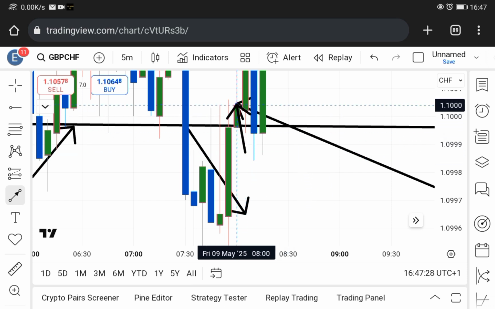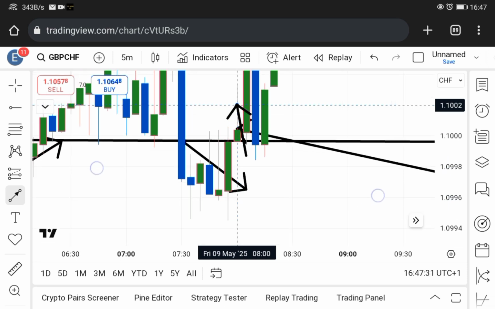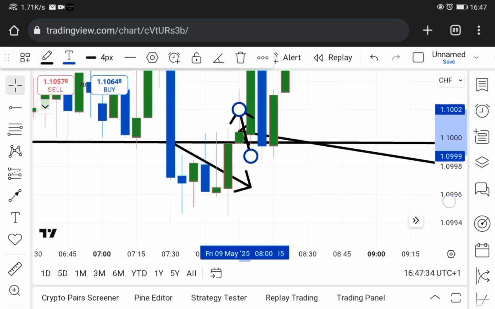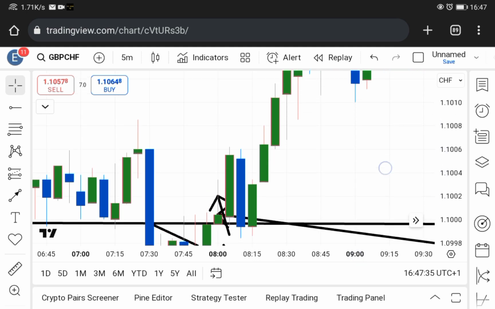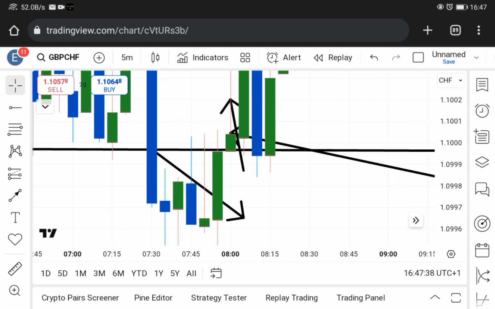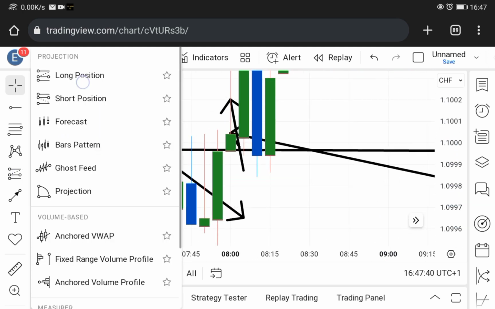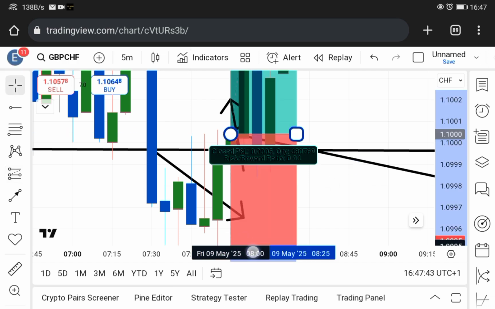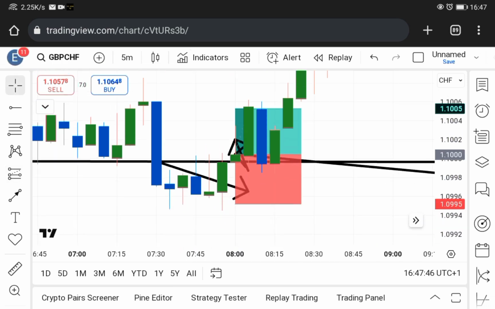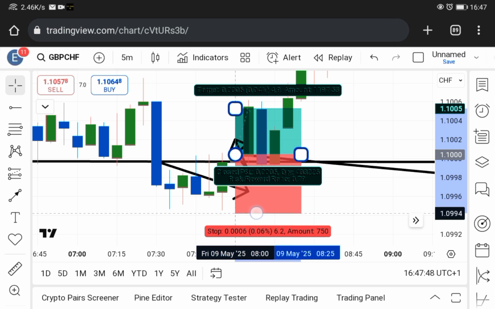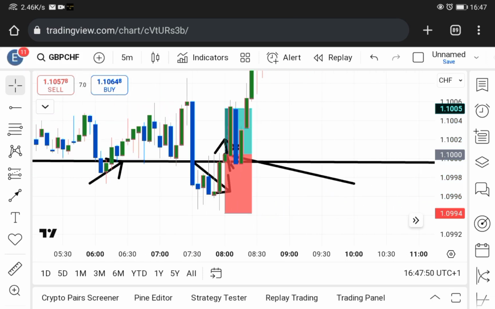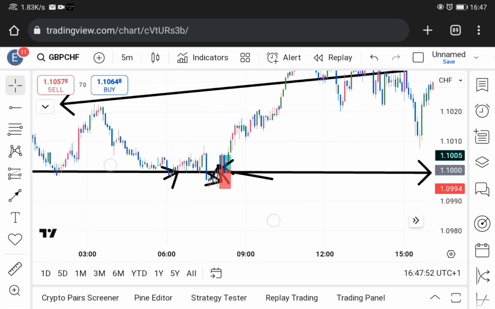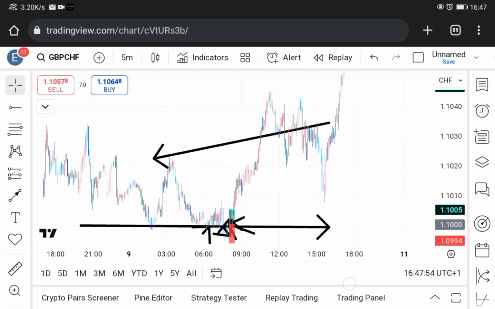Like I said, if you move down to your 3 minutes, you will see a zone for you to place a stop loss, or 1 minute for you to have a tighter RR. But for me to stay on 5 minutes, I'm going to place my trade right here. I'll place my trade right at the range, and my stop loss has to come beneath this very zone. And I'm going to target the previous high that the market comes from.